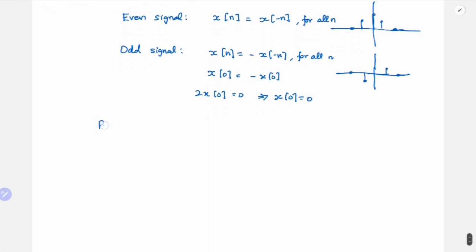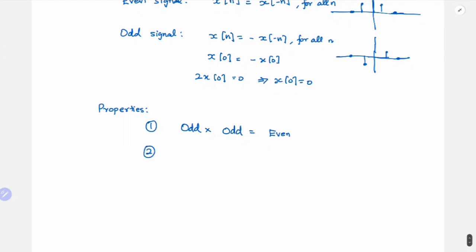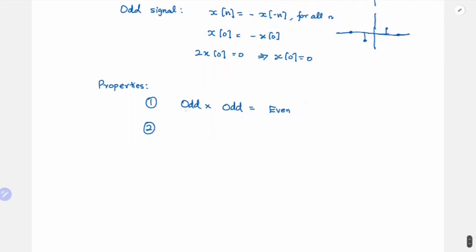So then you have a few properties. Your odd signal times odd will give you even, right? Because there will be two minus signs when you replace n with minus n. And even times even is also going to be even.